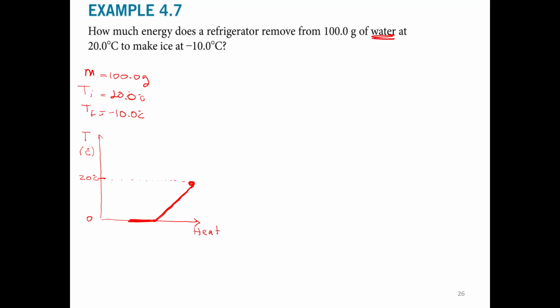We need to represent that in the graph, and then we want to bring this water to -10 degrees Celsius. Then once the liquid has changed to solid, we need to decrease the temperature further.